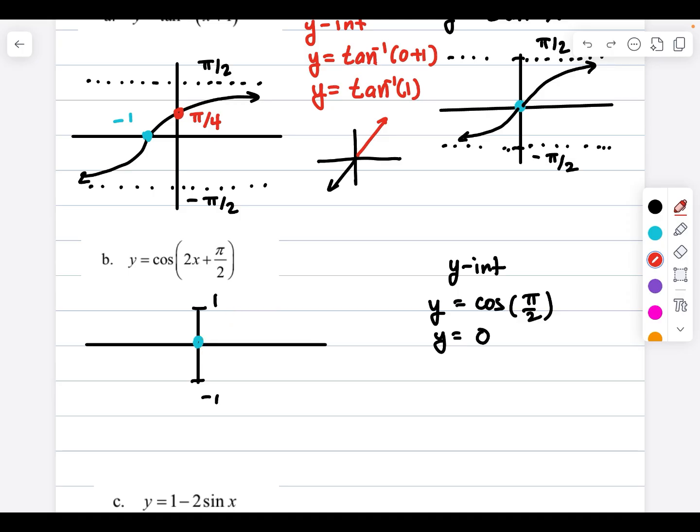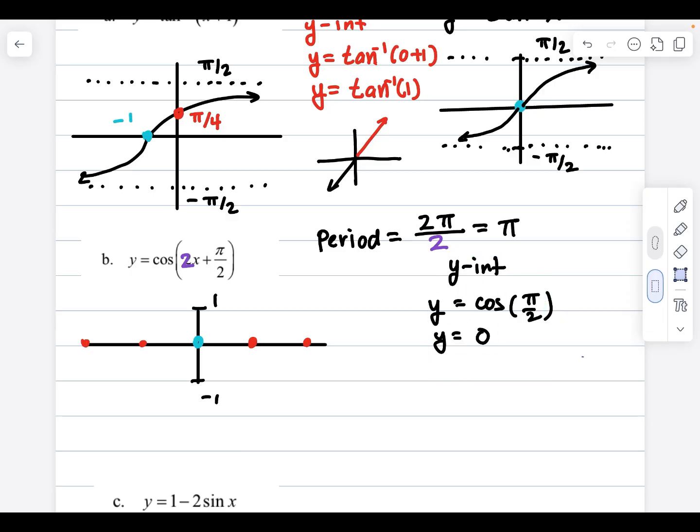But I know that the next x-intercept is half a period apart from the previous one. The x-intercepts are half a period apart. So the period of this function is 2 pi divided by the coefficient of x. So I'm going to divide by that 2 there, and that's pi.